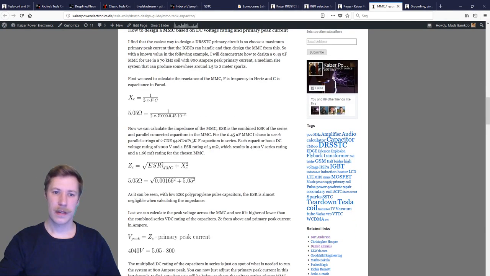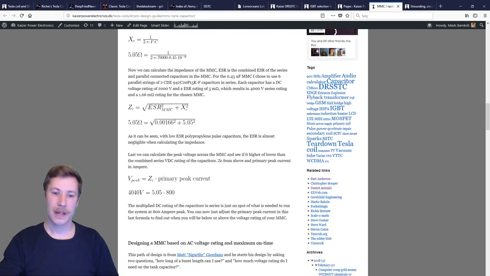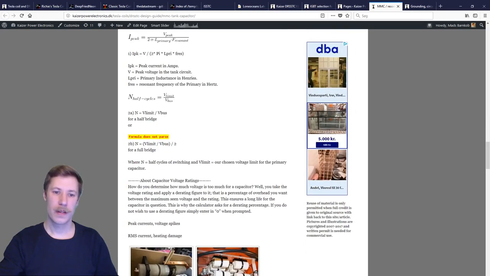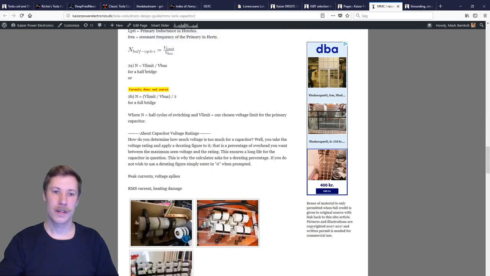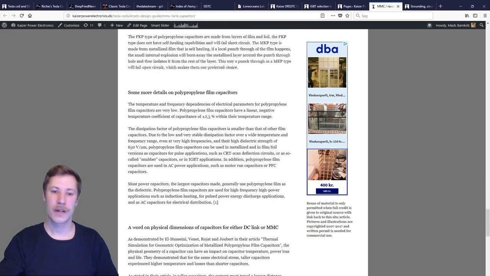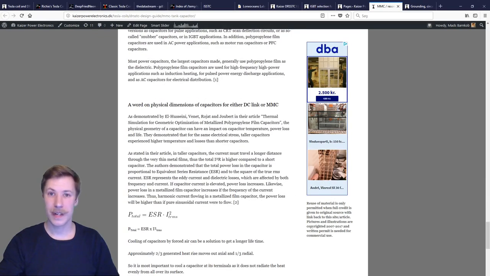Other than that, I talk a lot about voltage rating and RMS current rating in this chapter. As you can see, it's not completely done yet and has a lot of notes and so on. So I hopefully get time to finish this chapter later on. Now these cover the two most important chapters, the IGBT and the MMC.